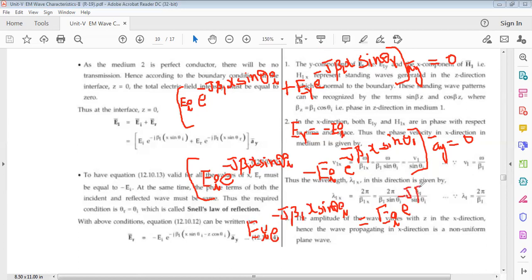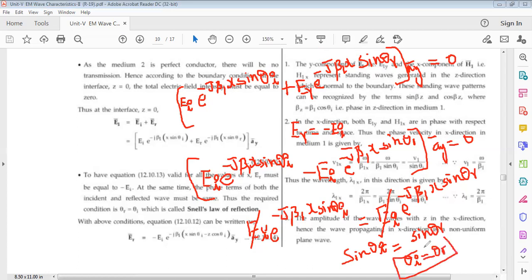So E_I gets cancelled. Both are exponentials with a negative. j beta 1 x is also common. So sine theta I is equal to sine theta R, which means theta I is equal to theta R. Okay, nothing but Snell's law of reflection.